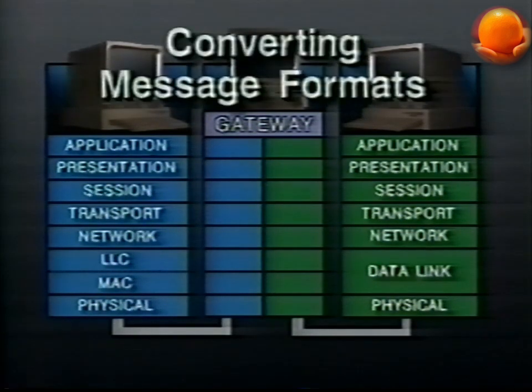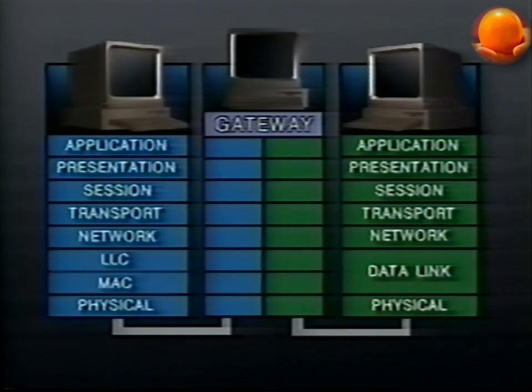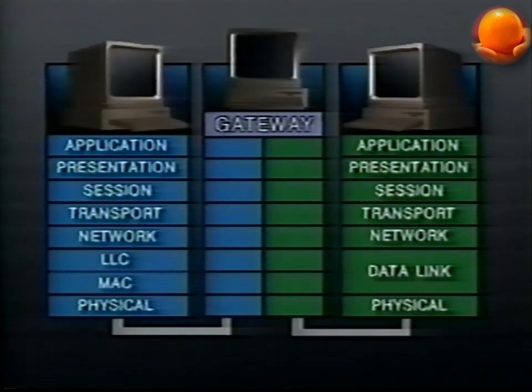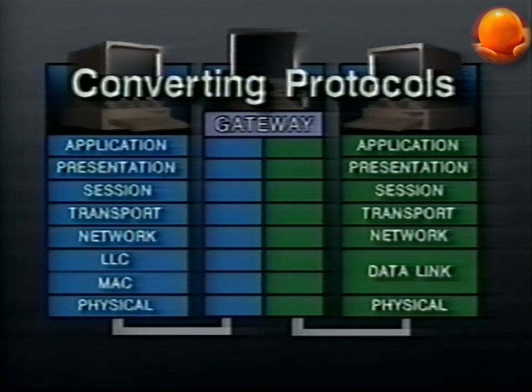This may mean converting message formats, since different networks may use different message formats, sizes, or character codes. It may mean translating addresses, since different networks may use different address structures. And it may include conversion of protocols.